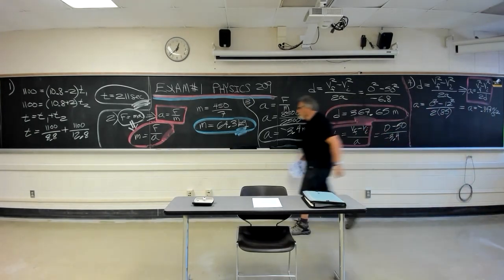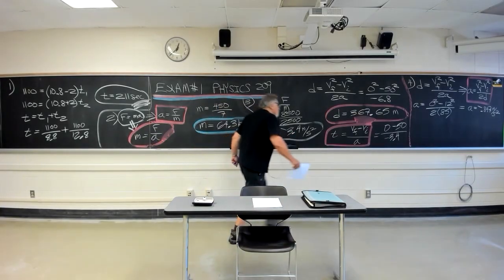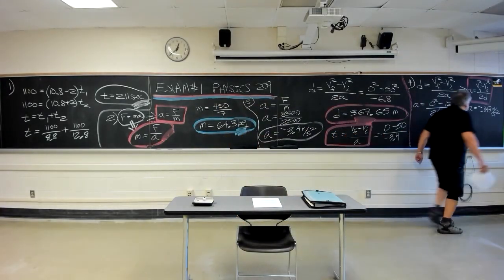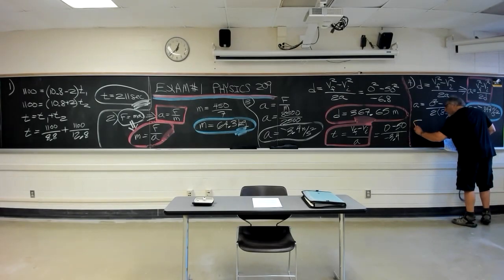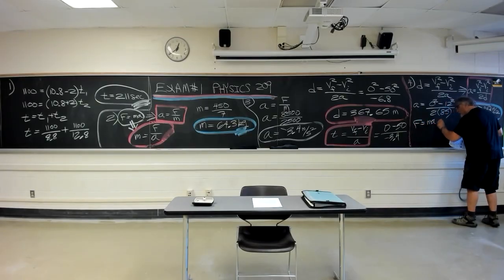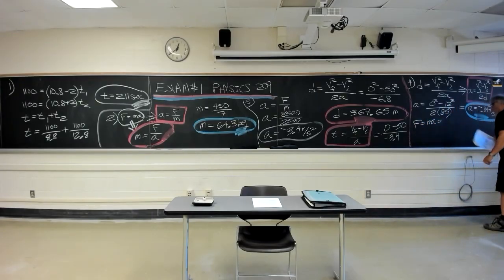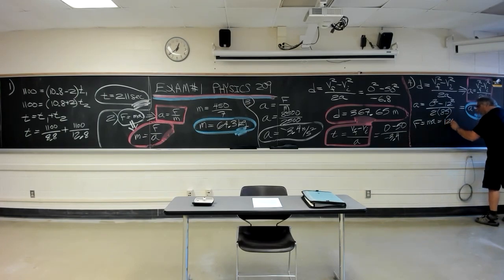Okay, they didn't really ask that as a final answer, but it is an answer that you indeed have to get. Regarding the force, the magnitude of the force, force is equal to mass times acceleration for our purposes right here. It is a 1,200 kilogram boat.